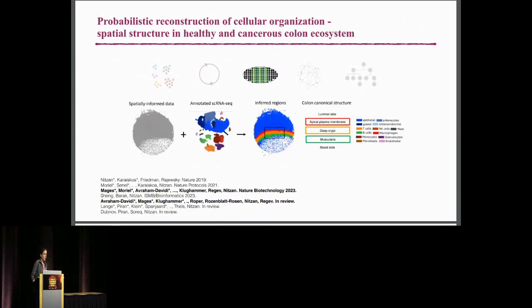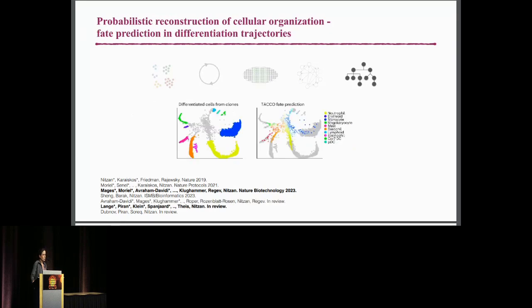And we can do that for more than just the spatial domain and actually generalize this to additional domains such as spatial structures, but in non-prototypical systems, such as in cancerous ecosystems. In this case, what you see here is the colon ecosystem, and then also for temporal trajectories.